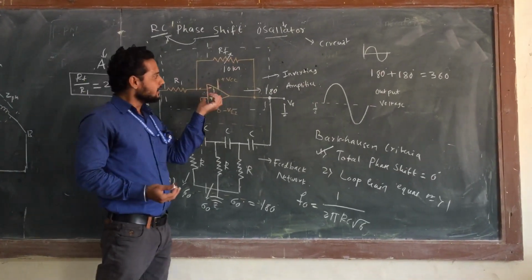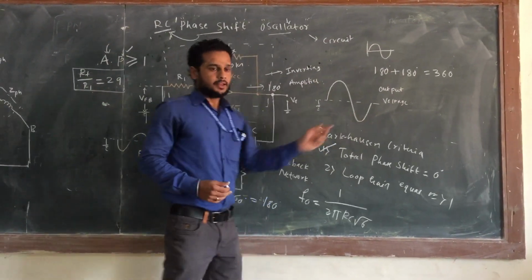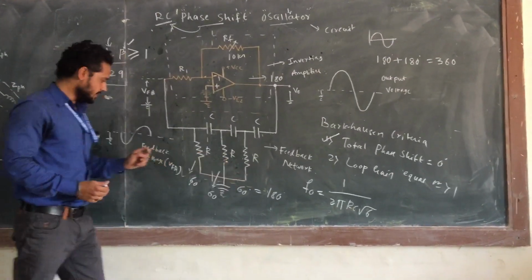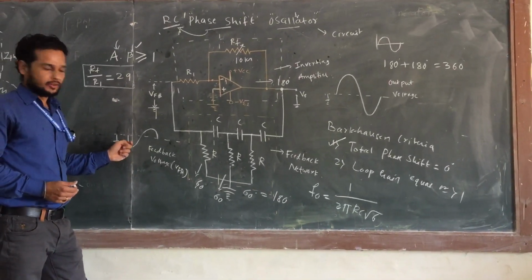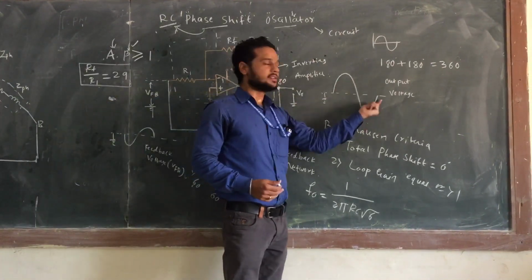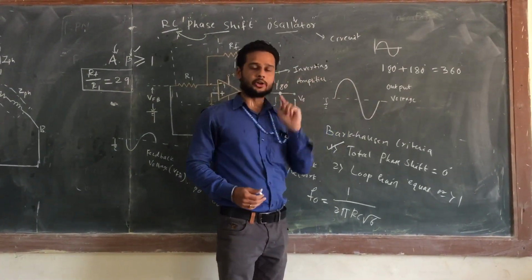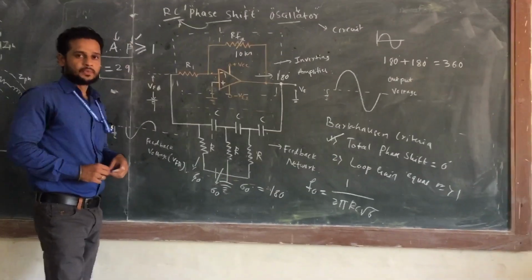So the total will be a non-inverted output. As this feedback network itself produces an inverted input, and it is inverted again, you get a sinusoidal output having one particular frequency. This is the working of this RC phase shift oscillator.